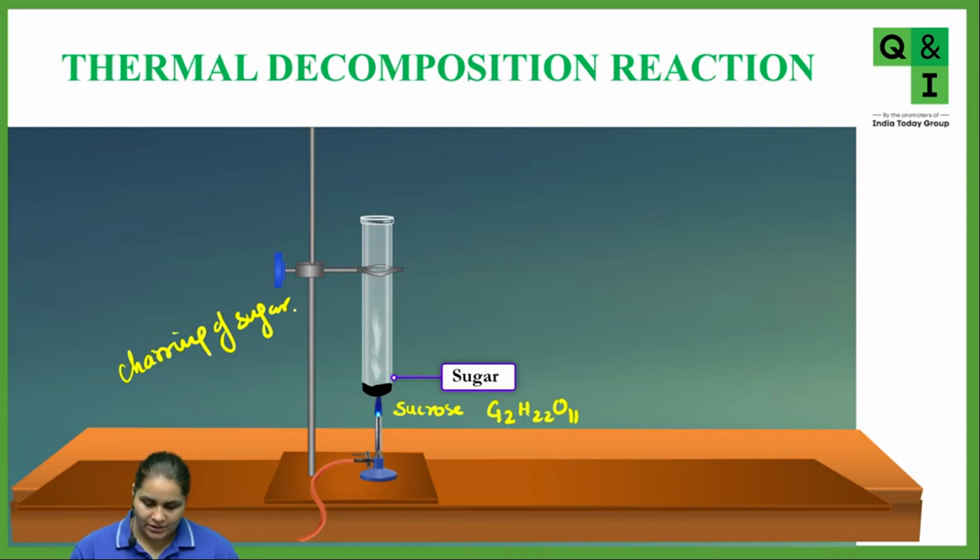Now what happens here? When you heat sugar, then sucrose, C12H22O11, releases all the hydrogen and oxygen in the form of water molecules. So can you tell me how many H2O will be released from this one molecule of sucrose?